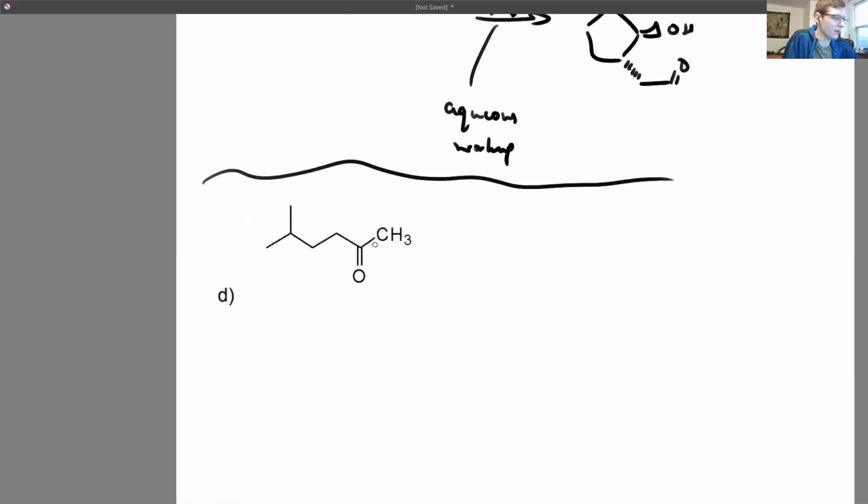Anyway, we have this structure over here, and let's see if anybody notices. There's something that kind of sticks out here. So how do you think we might make this? With oxymercuration, demercuration. Yeah, I'm with you. So we might want to start with an alkyne that looks like this.